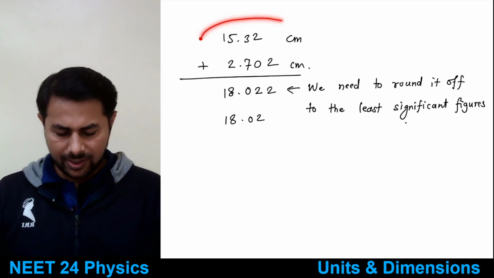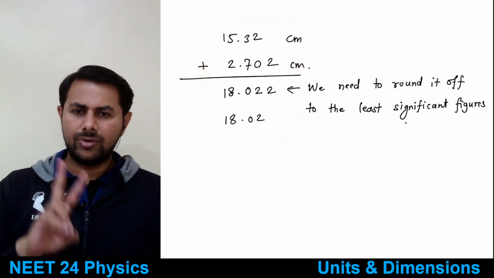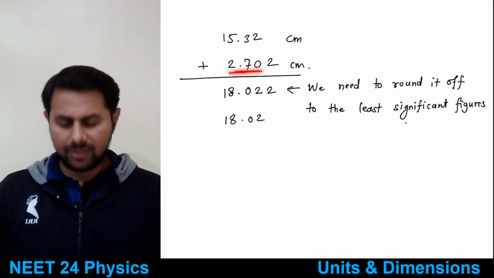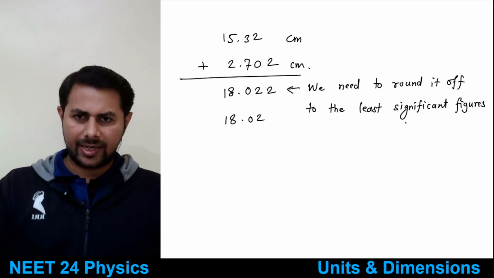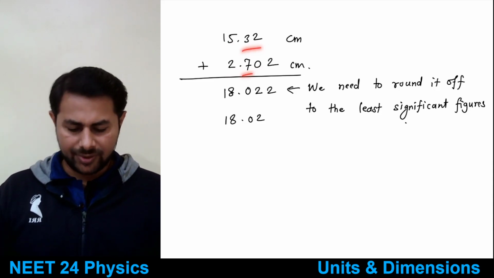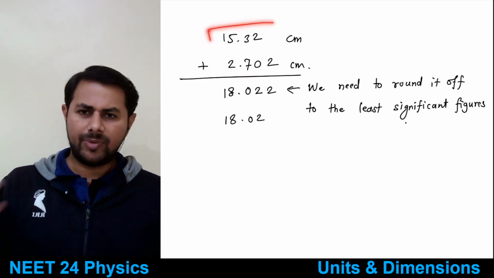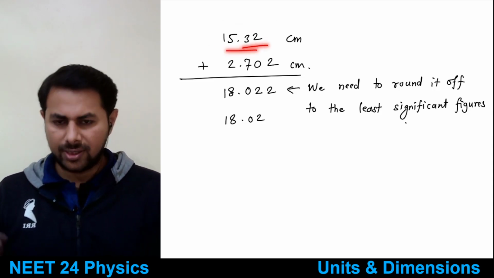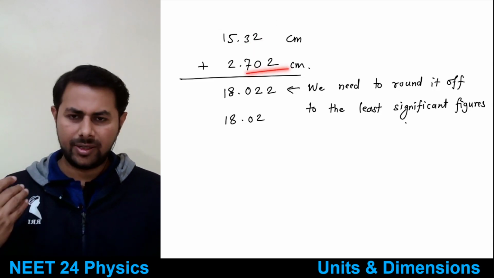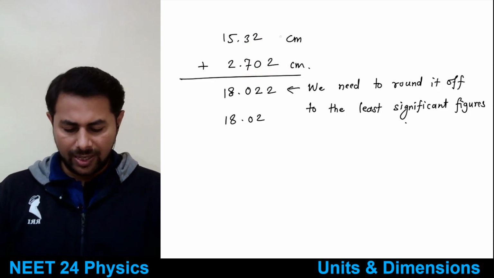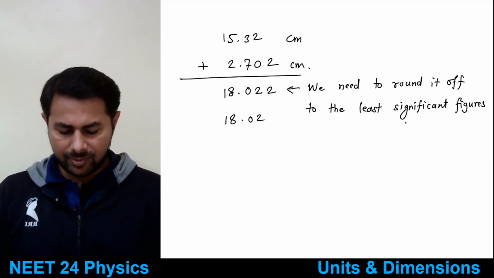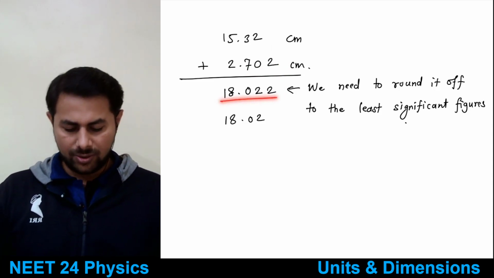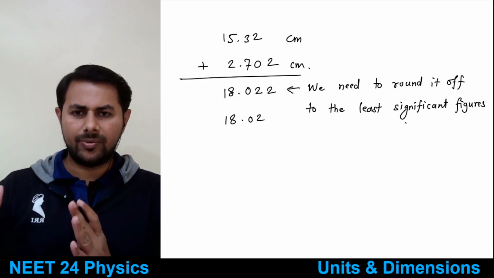Then now we do various calculations. For an example, in this calculation you have two readings. Suppose this is the length and this is the breadth of some rectangle. And you want to find out the semi perimeter, which is length plus breadth, right? So this is clearly taken with one instrument, this is taken with another instrument. So when you add it up, you will round up the result to the correct number of significant figures.